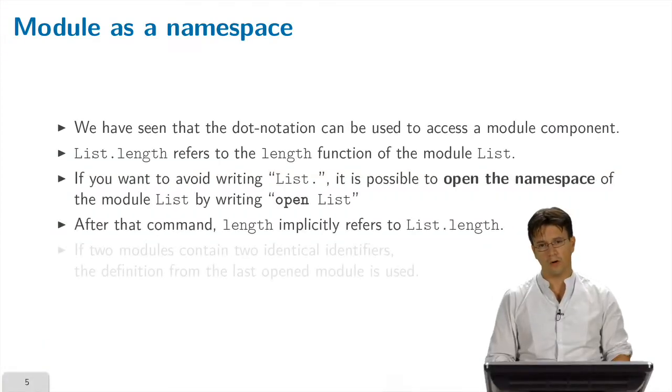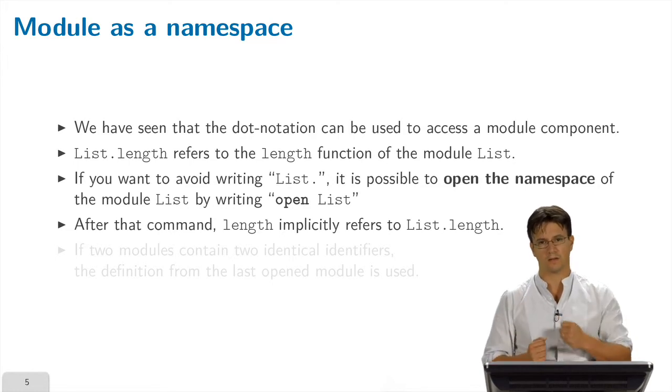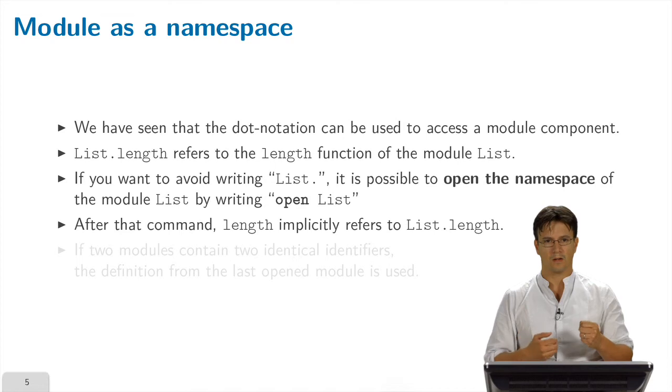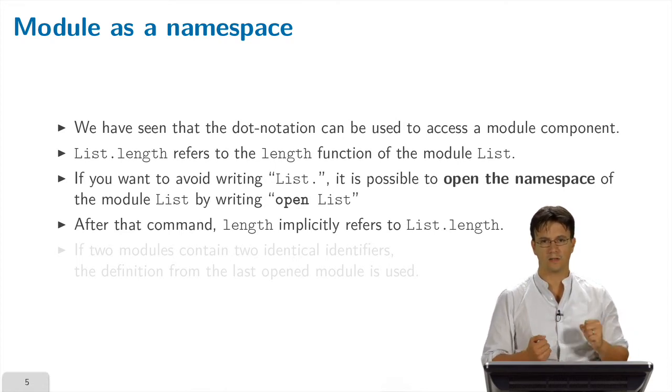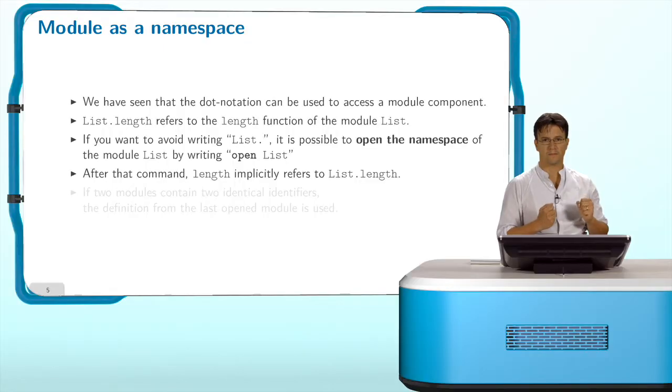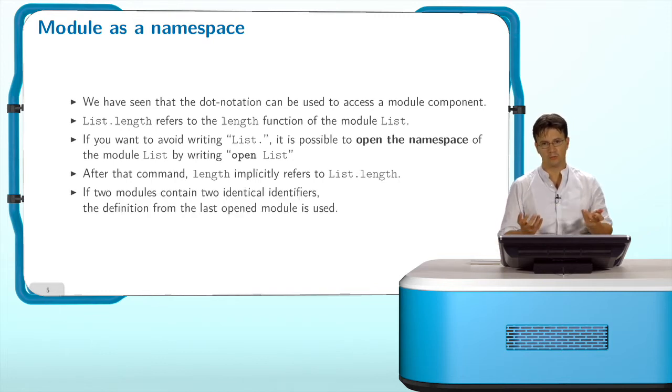Now, if you want to avoid writing this List.something, it is always possible to open the namespace of a module List to implicitly refer to List.length when you write length. So just by writing open List, you can be in that setting. Now, if you open two modules and they define identical identifiers, then the last one will have the priority.